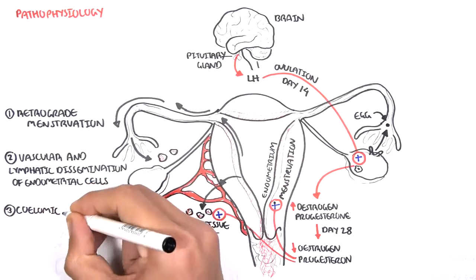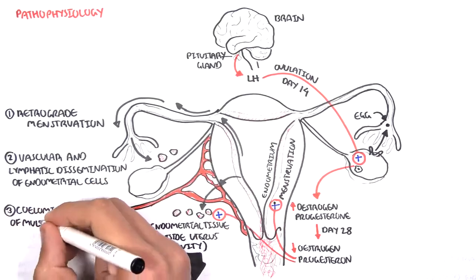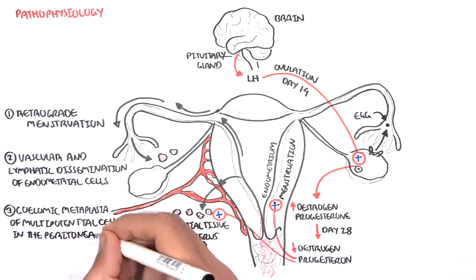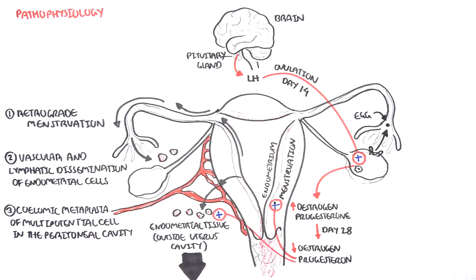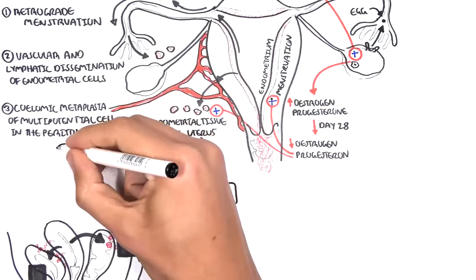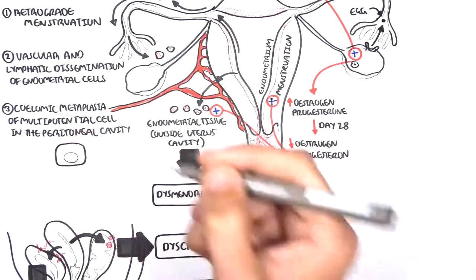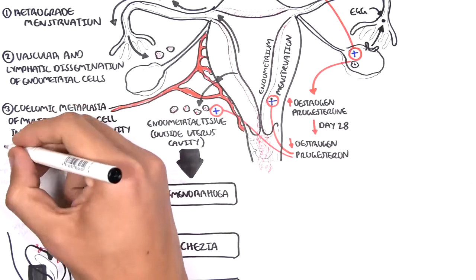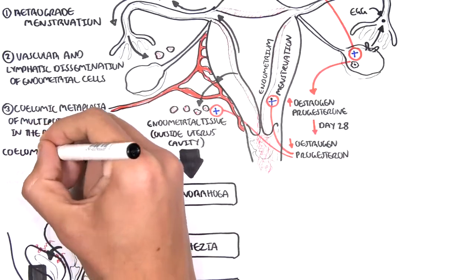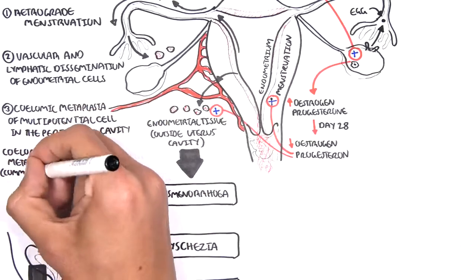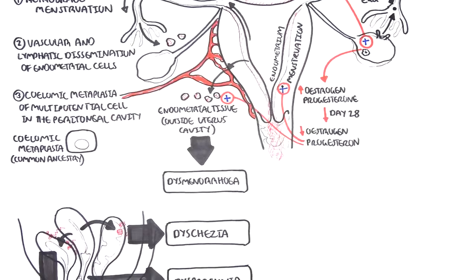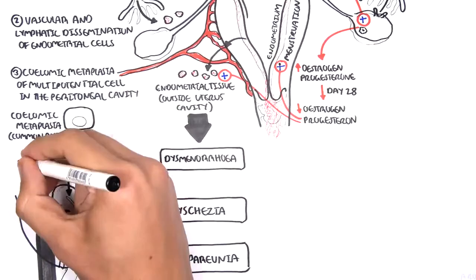The third theory is based on the coelomic metaplasia of multipotent cells in the peritoneal cavity. Here, the ectopic endometrial tissue is thought to come from coelomic epithelial cells that undergo what's called a metaplastic reaction, or metaplasia. So if I'm not mistaken, basically the coelomic cells develop into cells of the peritoneum and the surface of the ovary usually.